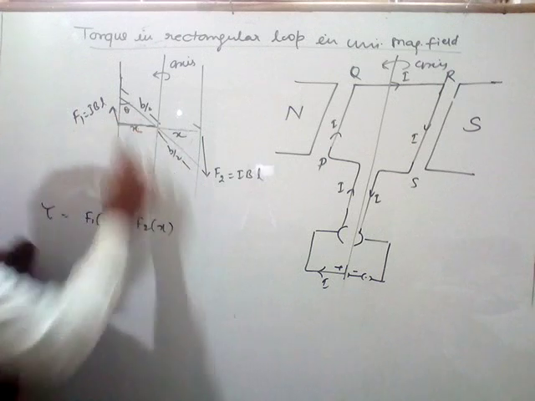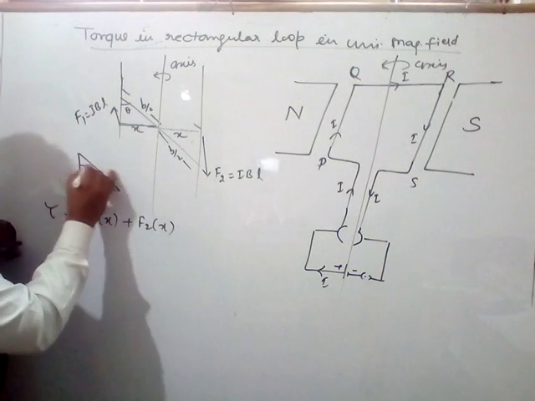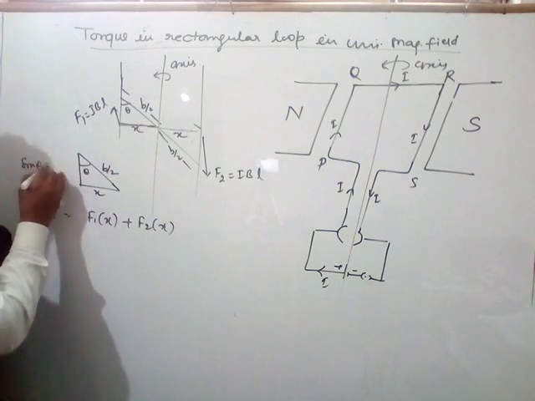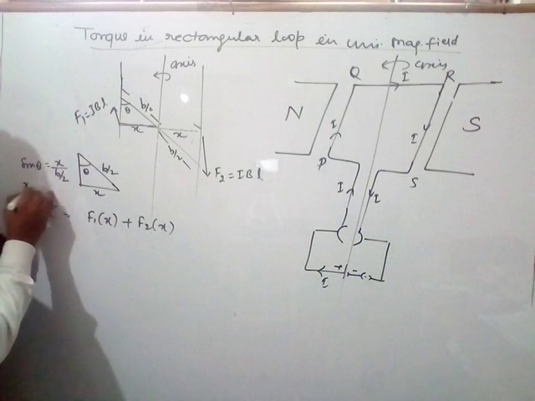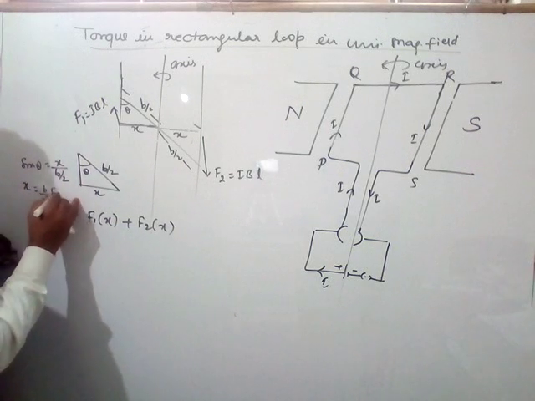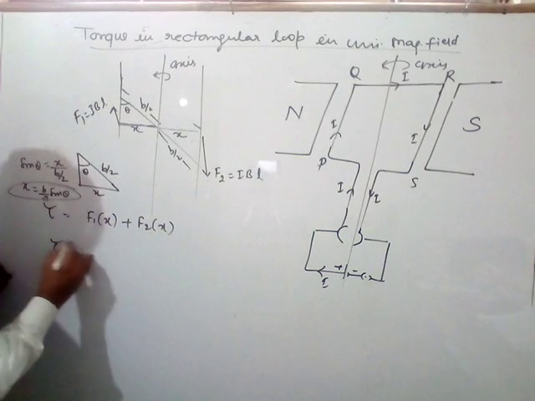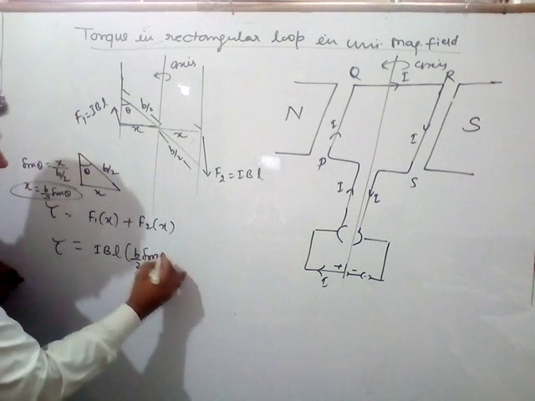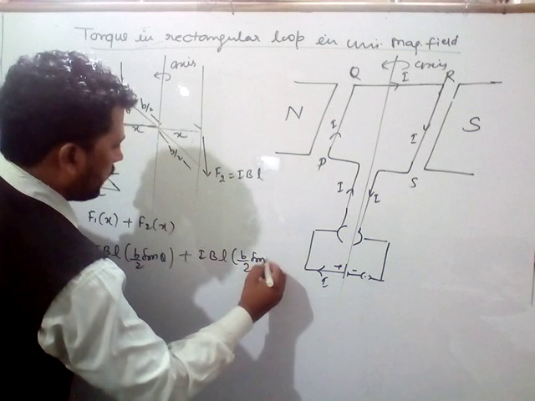So according to this triangle, this is theta and this is B by 2, so sine theta equals perpendicular upon hypotenuse, so x equals B by 2 sine theta.